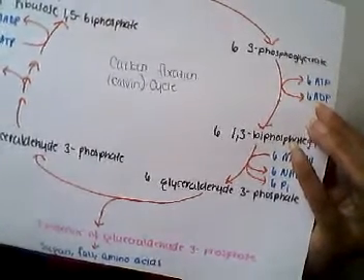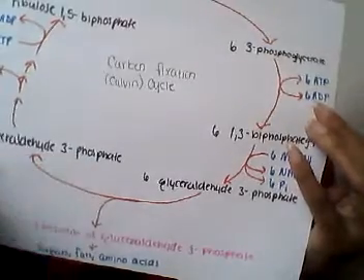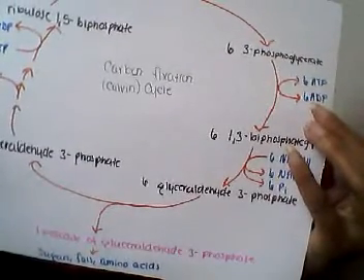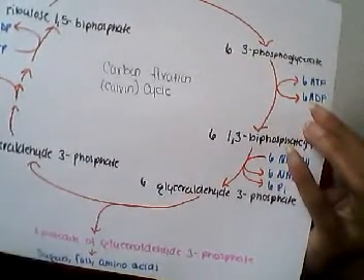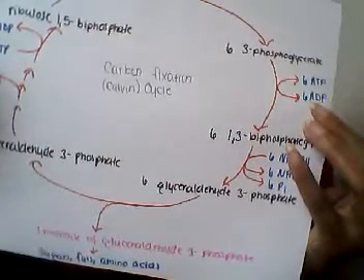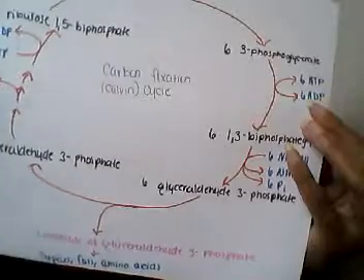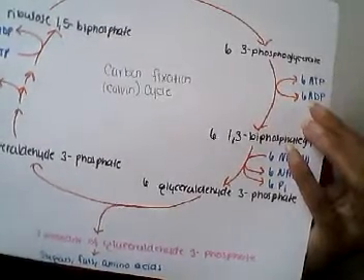Then the 5 molecules of glyceraldehyde 3-phosphate come over to, in order, we use more ATP and produce more ADP. It comes out, and we also have 2 phosphates here.